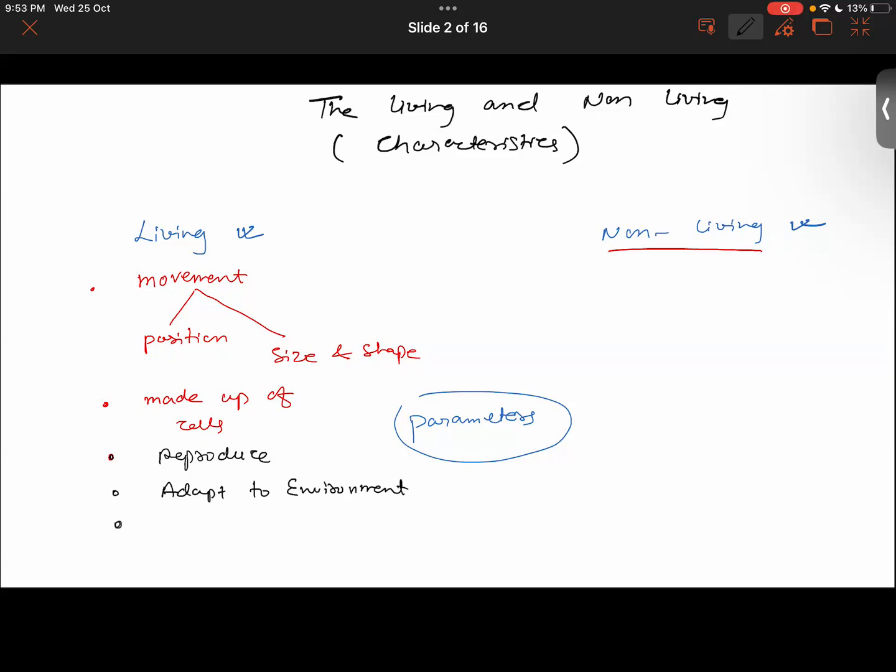What else do we know about living organisms? Living organisms will react भी करते हैं ना.